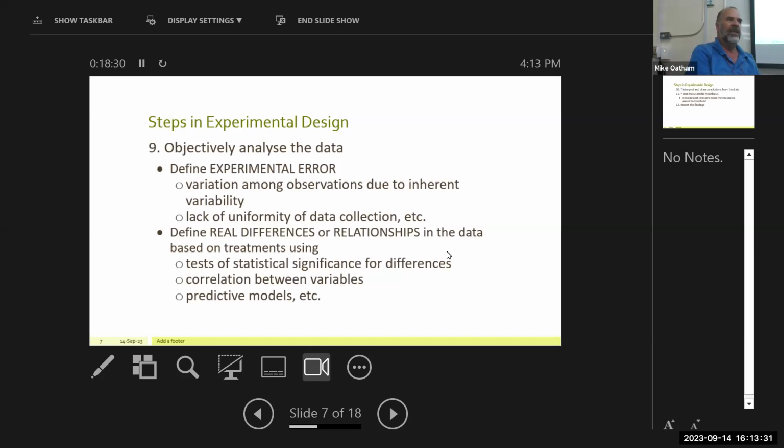We form a hypothesis that the size of the leaves of a particular species of bush is going to be bigger in a shaded situation where the light levels are lower, and they're going to be smaller in a sunny situation where there's more light. Okay?